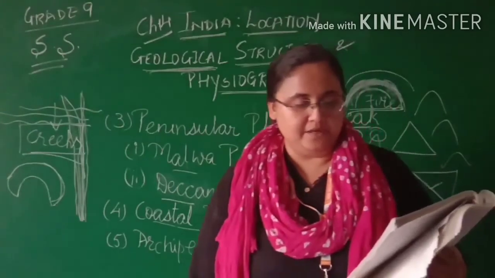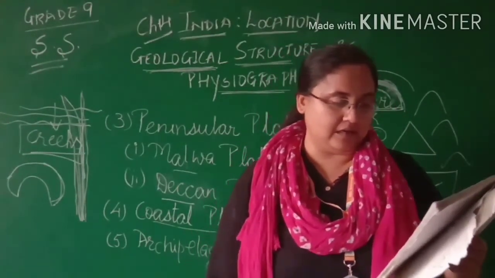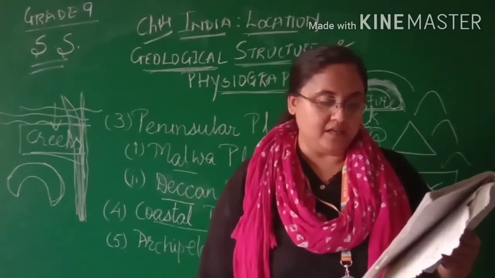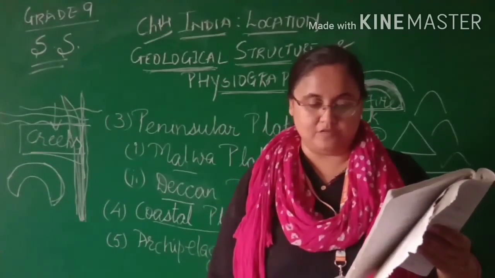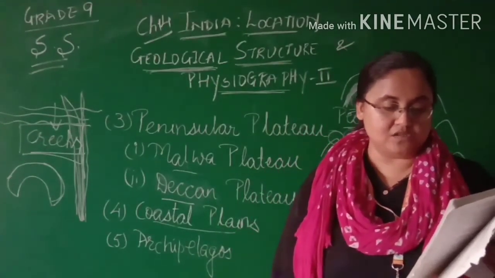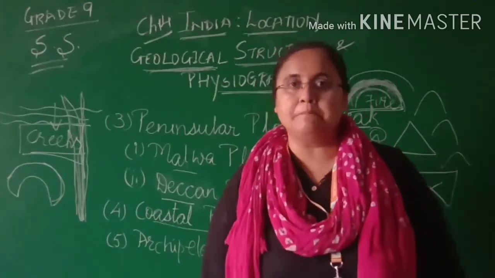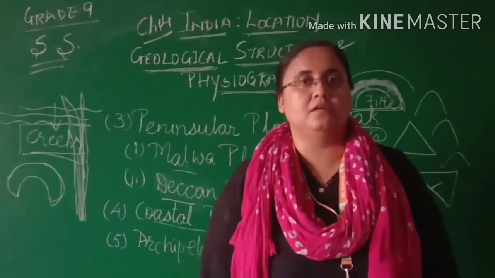Okay. Southern Plateau is rich in many mineral resources which has enhanced the national progress. Many rivers with large volume of water originate in the northern mountains region, which is also known for a variety of forest resources. So in this video we have completed the discussion of the physiography.